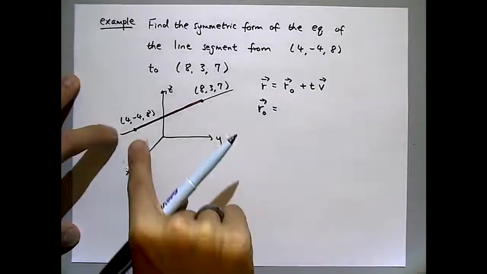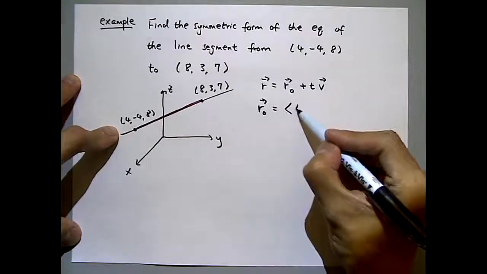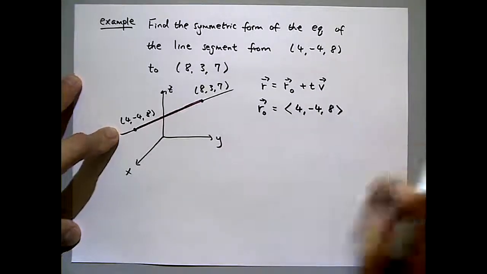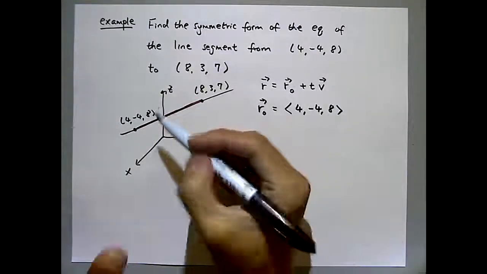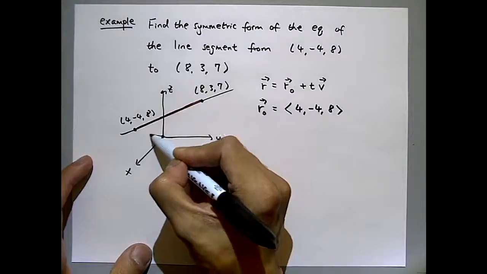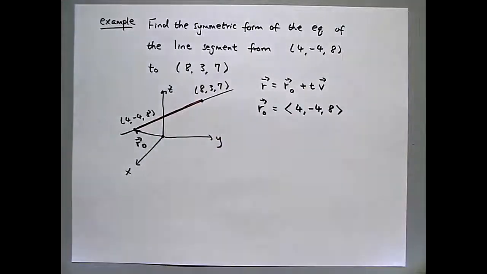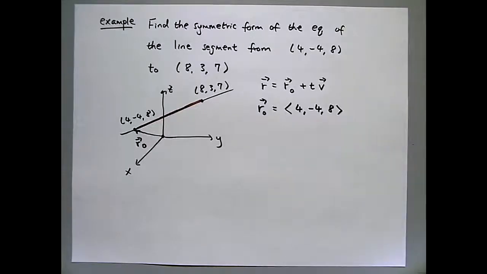So here I'm going to let this one be the original point. And therefore, the vector going from the origin to that point is just that point written as a vector, 4i minus 4j plus 8k.